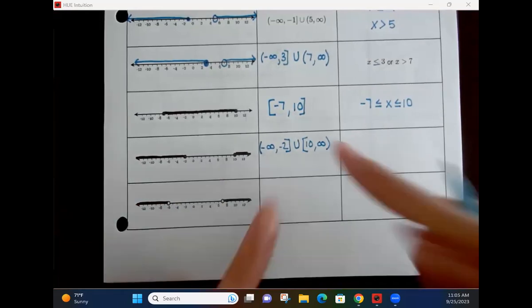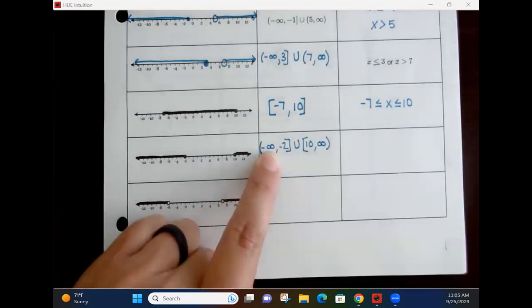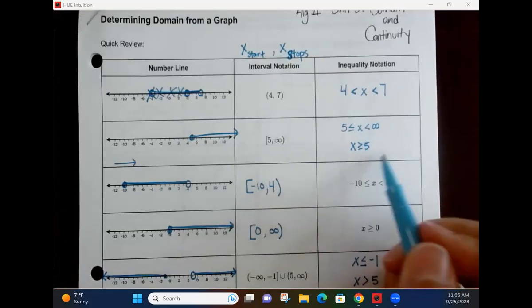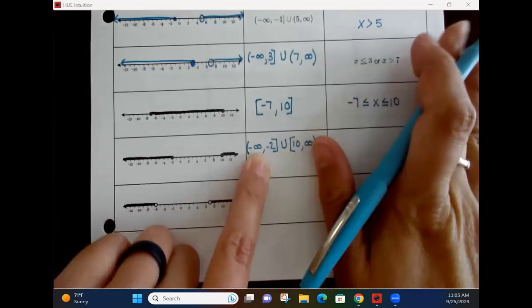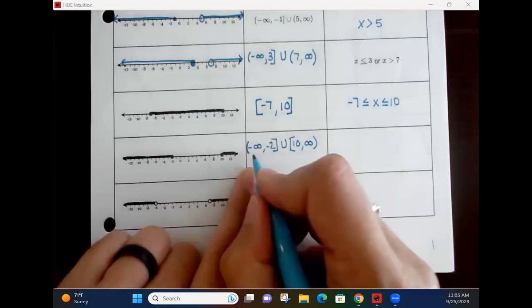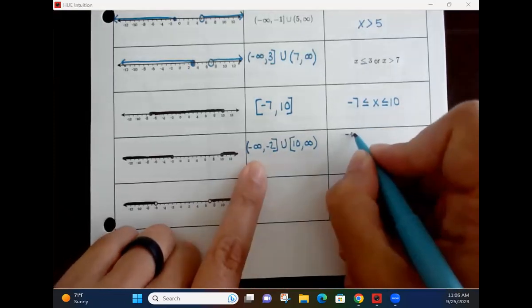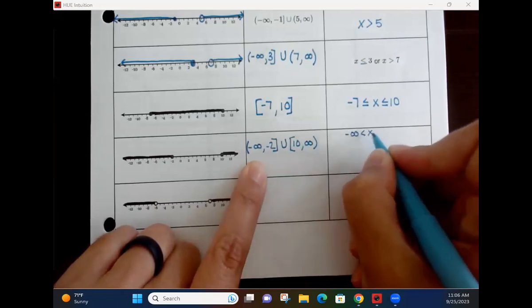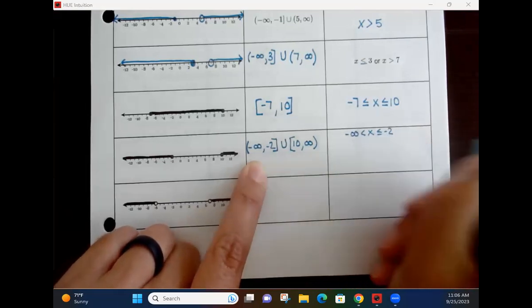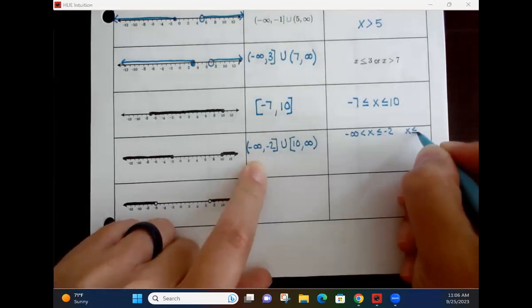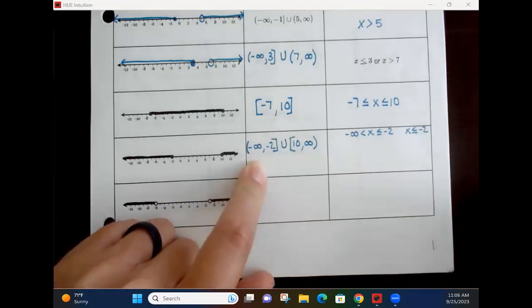In inequality notation for this first piece, there are two ways that we could represent this. And we kind of talked about that idea up here with our second problem. But you could write this as, if you like this sort of format, small to big, negative infinity is less than x is less than or equal to -2. This would also be the same as just x is less than or equal to -2.